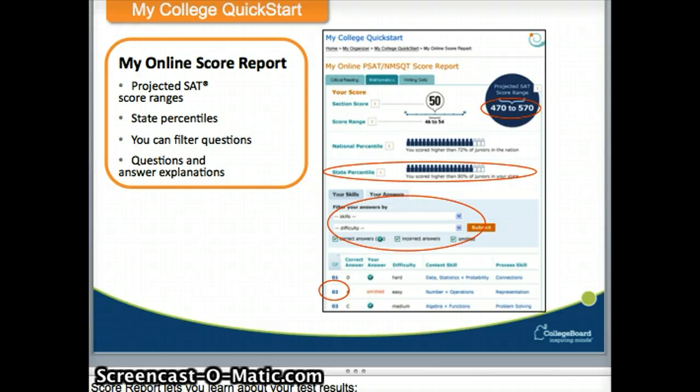Here, they can review questions and answer explanations. They can sort the questions by those questions that they omitted or answered incorrectly. They can sort by the question's level of difficulty or by skill. They can compare their performance to state percentiles, and they can view their projected SAT score ranges.